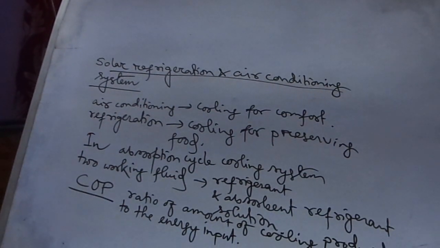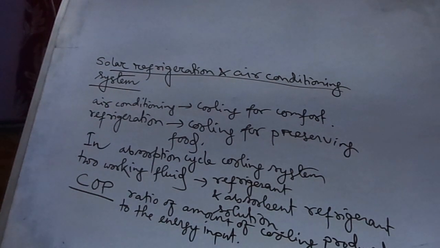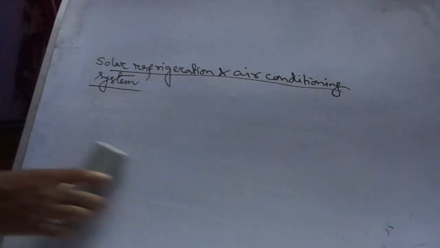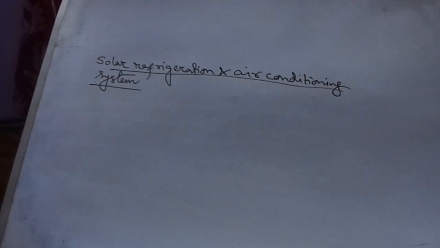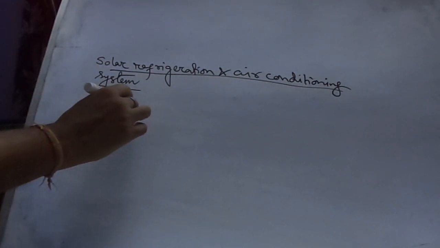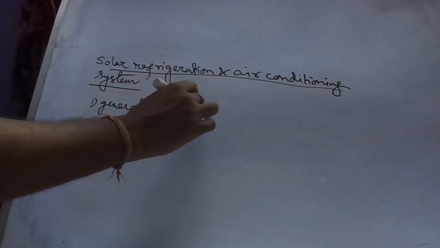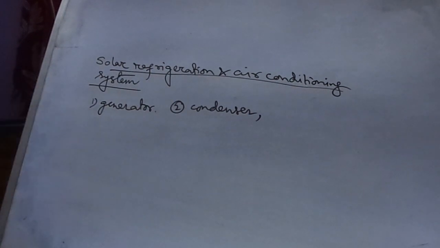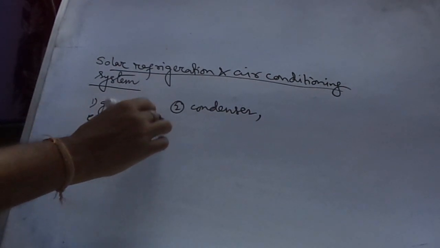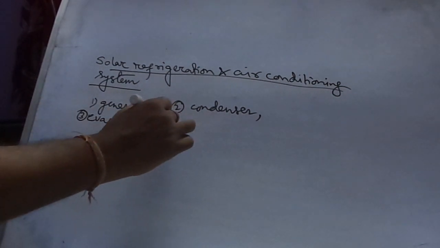There are 4 major components in an absorption cycle cooling system: the generator, the second one is the condenser, the third one is the evaporator, and the fourth one is the absorber.